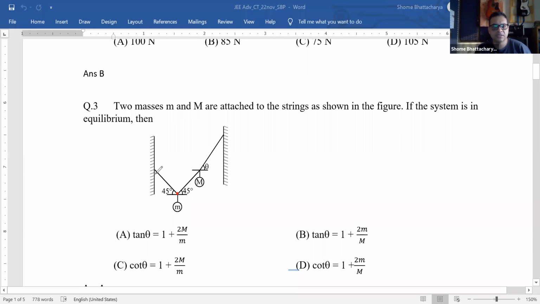Okay, so if the tension in this thread is T1, then the tension in this thread will also have to be T1 only. How do I know that? I know that from symmetry, because if you look at this point A, these two tensions are acting at symmetrical angles.